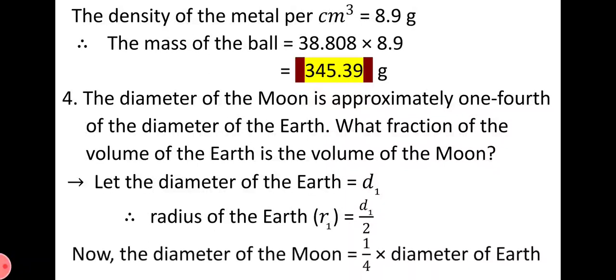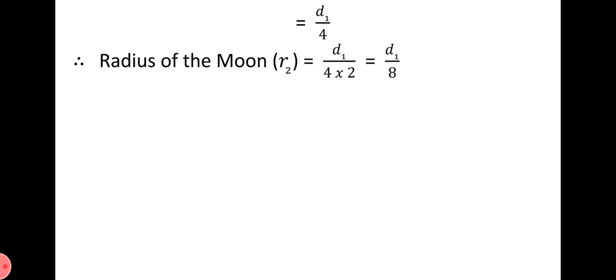Now the diameter of the moon equal to 1/4 the diameter of the earth, therefore diameter of the moon equal to d1 upon 4. Now radius of the moon r2 equal to d1 upon 4 into 2, that is equal to d1 upon 8.